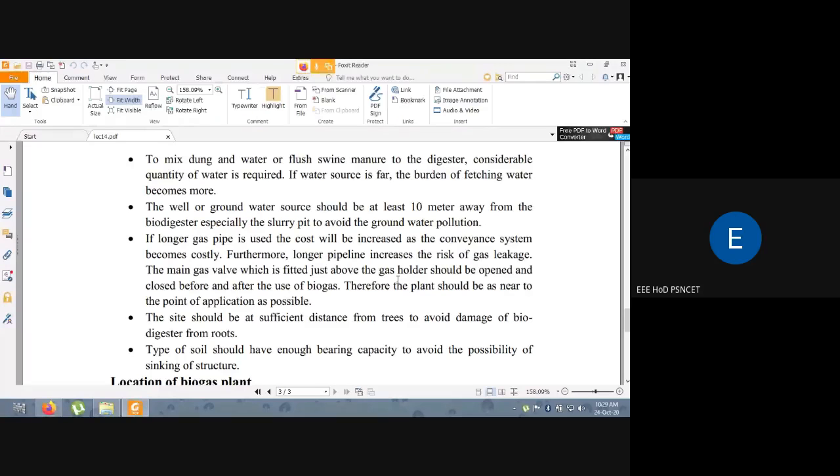We have generated the gas and we transport that gas through pipelines. If the length of the pipelines is too long, there will definitely be some gas leakages. So to avoid that, the usage area should be nearby the production area. Okay, that's what we have discussed.